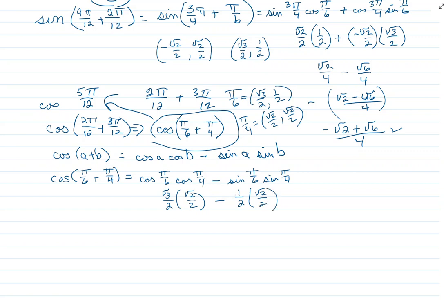And they're going to factor out that square root of 2 over 2, so I'm going to do it this time. And that'll leave me the square root of 3 over 2 minus the 1/2, times the square root of 2 over 2. And we're going to have the square root of 3 minus 1 over 2.